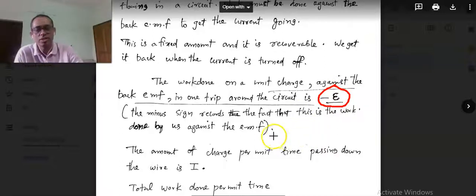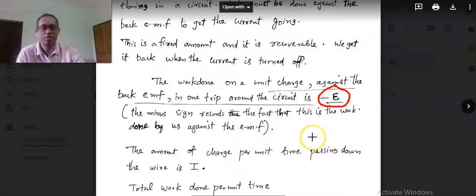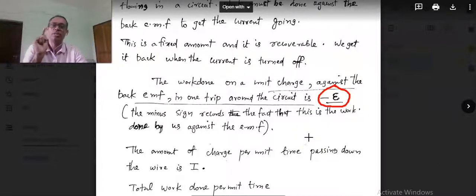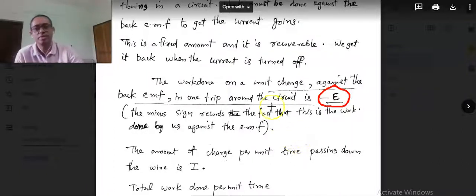Why this minus sign? It records the fact that this is work done against the back EMF. We are doing work against the back EMF. So on the unit charge, the work done is given by minus epsilon.